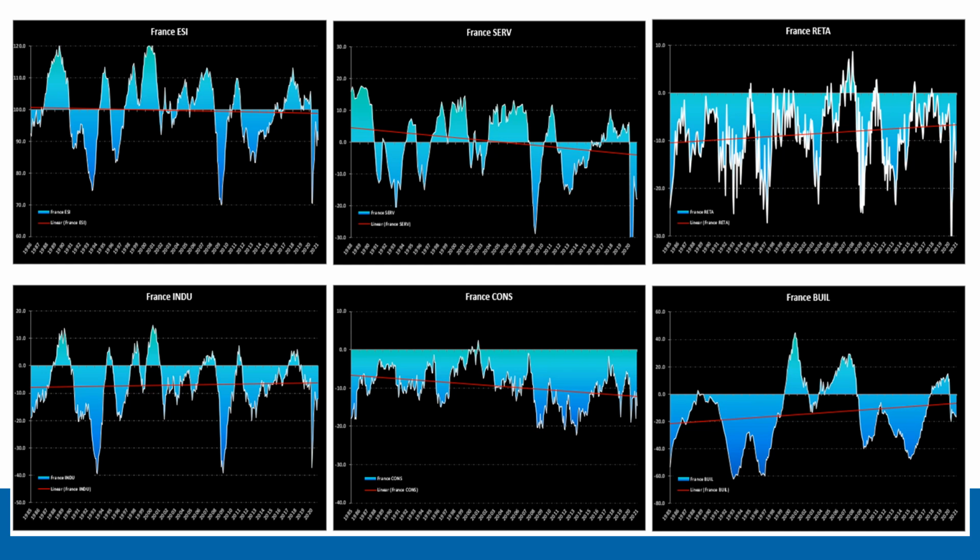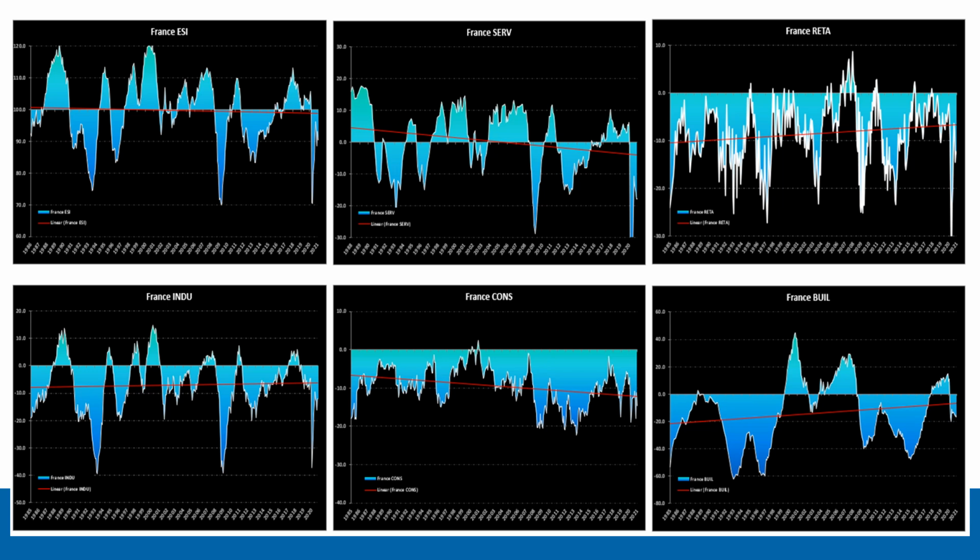And it takes a very long time afterwards for the French economy to recover the overall ESI, the sentiment of the French economy. And if you look at the contributing factors, if we look down in the bottom left, we can see the manufacturing sector.